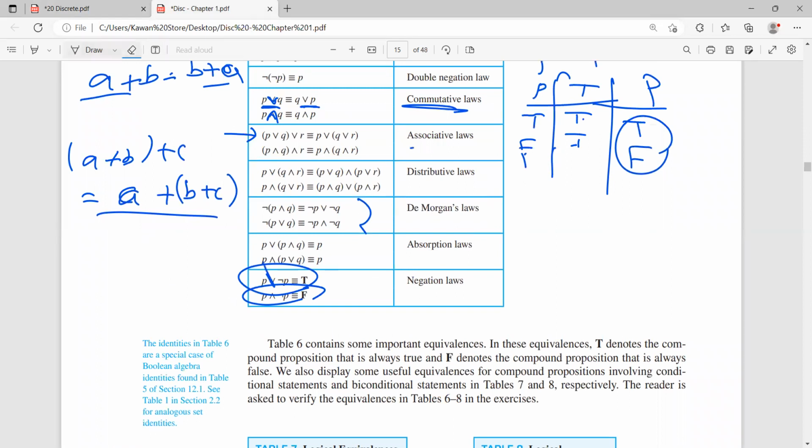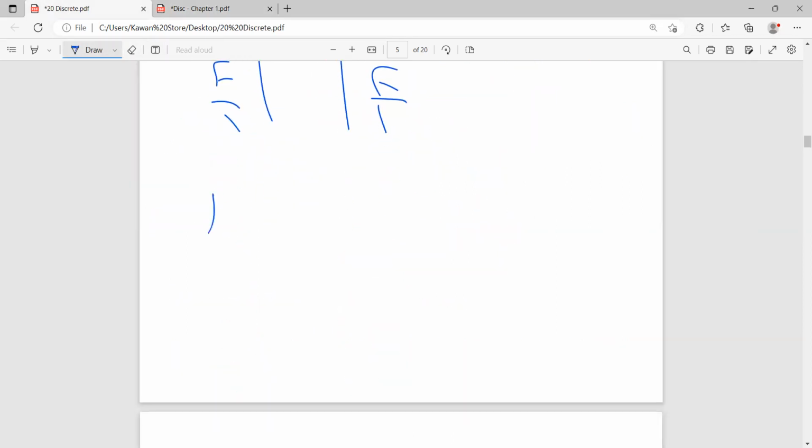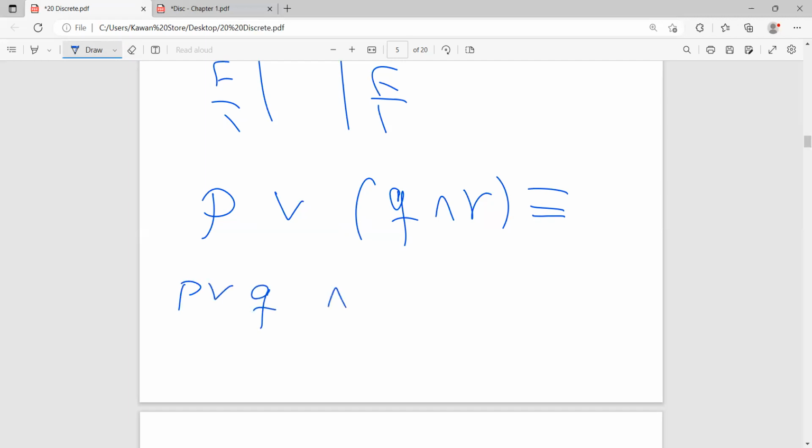For example, if you forget, P or (Q and R), can you tell me what that one is equivalent to? Hello? It's easy. I can say it is equivalent to (P or Q) and (P or R). Why?